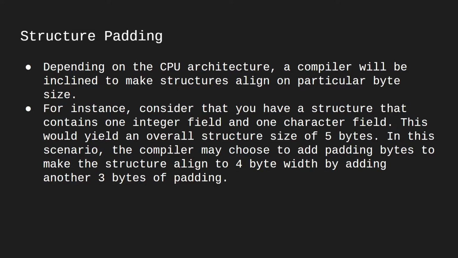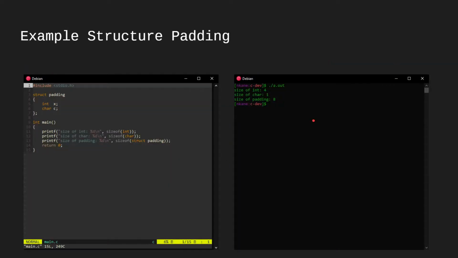So instead of 5, you are now at 8 bytes, so that you align on a 4 byte width. Again, this has to do with how memory is accessed at a lower level. This is not necessarily something that you need to be concerned with right now, but it's something you need to be aware of. So here's an example of exactly that.